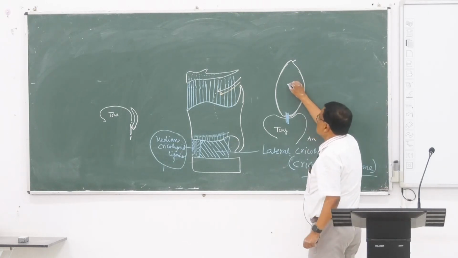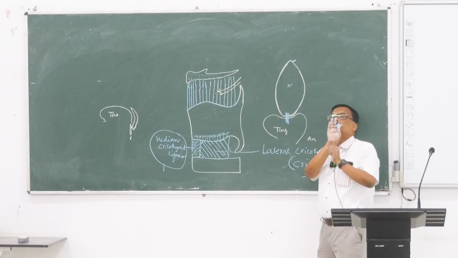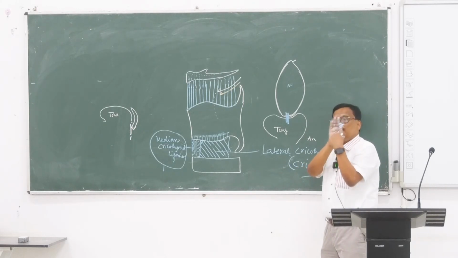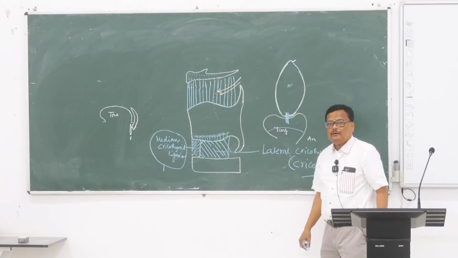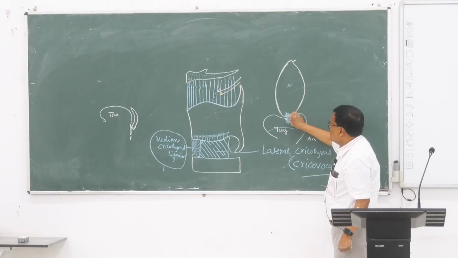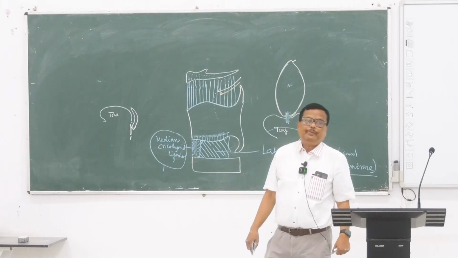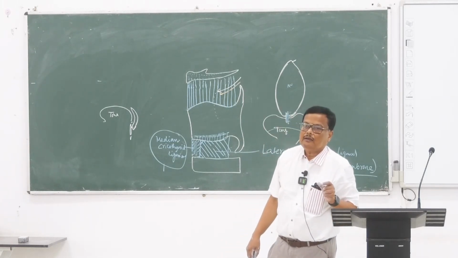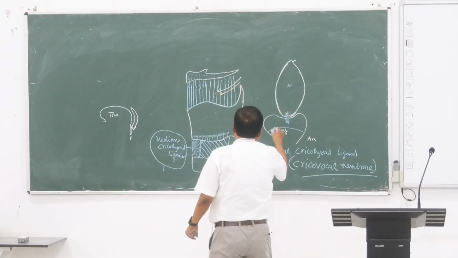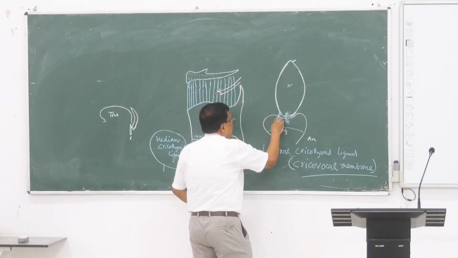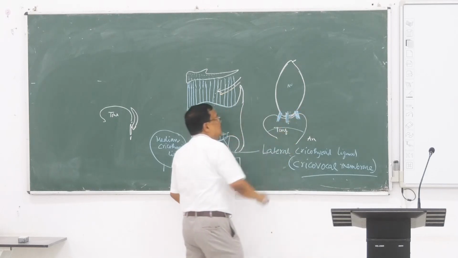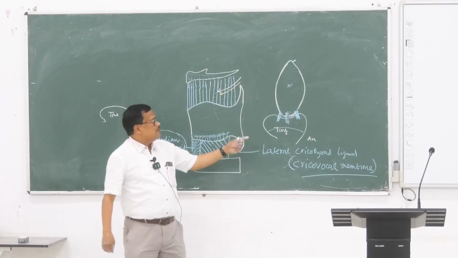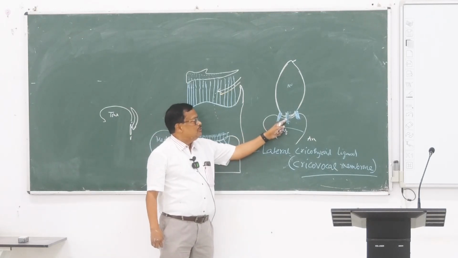Anterior surface means the front side, where the tongue is. In the midline it is attached to the base of the tongue, the posterior third of the tongue, by a ligamentous fold we call the median glossoepiglottic fold, because glosso means tongue. And laterally, one on either side, it is attached by a lateral glossoepiglottic fold.